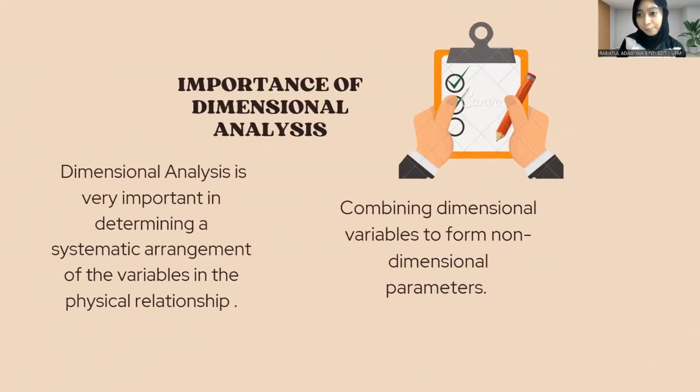So, what is the importance of dimensional analysis? The first importance of dimensional analysis is that it is very important in determining a systematic arrangement of the variables in the physical relationship. The second importance of dimensional analysis is combining dimensional variables to form non-dimensional parameters.